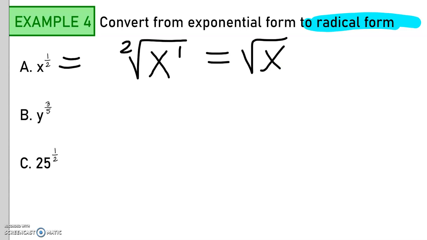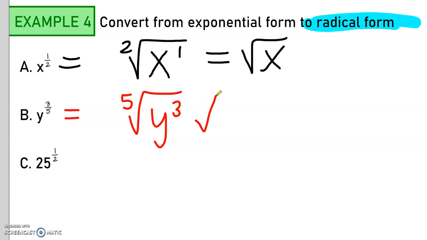Okay, let's do another one here. y to the 3/5. So I want to write this in radical form. I'll write my radicand as the y. I take my denominator and make it my index, and my numerator and make it my exponent. And that's all. That's all, guys. And then one more here.